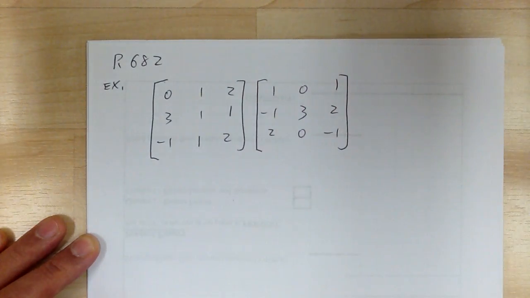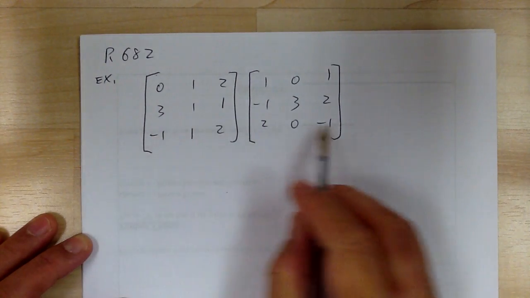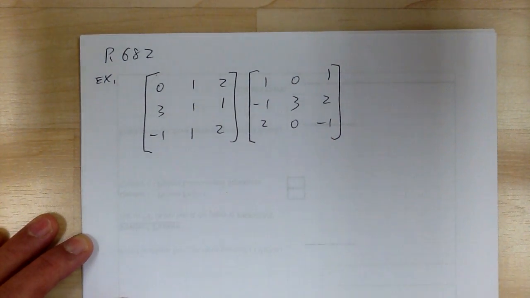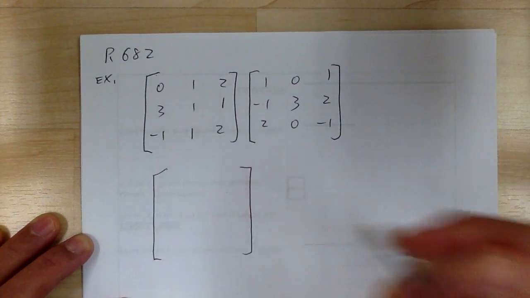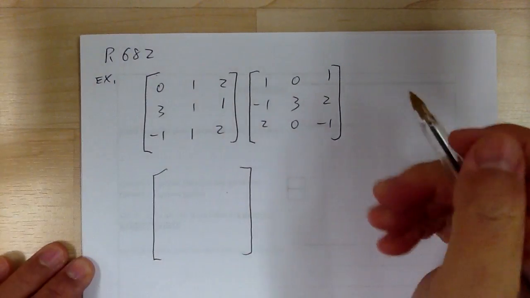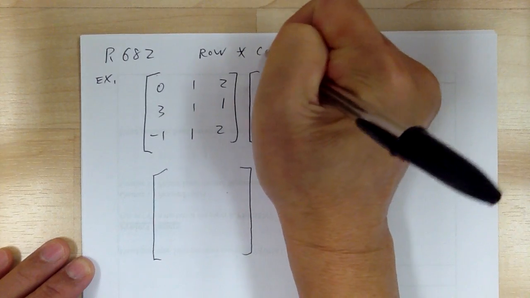When you're doing a matrix, a good suggestion is to use a pen to copy down your matrix, then use your pencil to multiply. When you multiply matrices, you always use the row times the column.